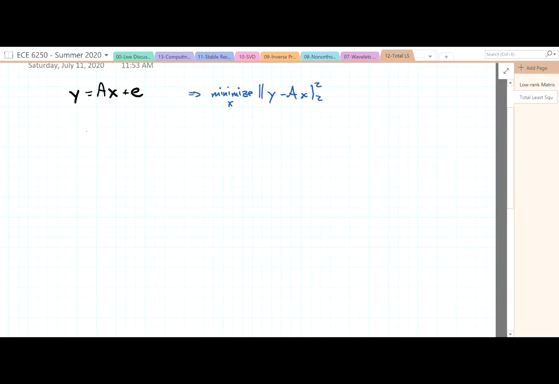But let's look at a simple problem as an example. Assume that we have data points and we want to do a line fit to those data points. Maybe something like that. What exactly are we solving when we minimize y minus ax?